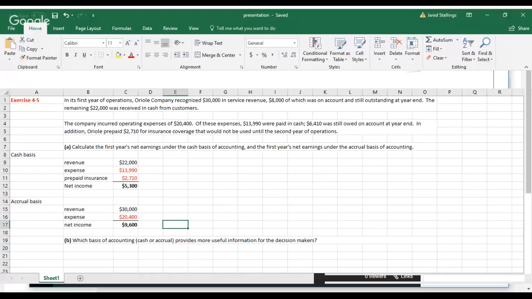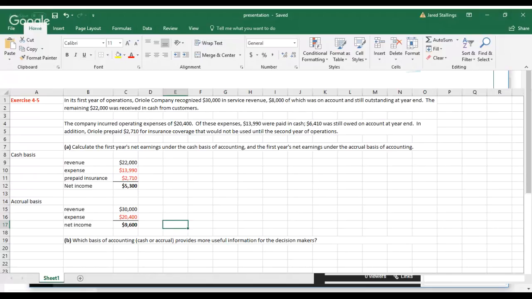Like say electricity, you think of your home, if you used electricity for the month, even if you didn't pay it till the next month in cash, you need to still count that it's used up and it's something that you're going to end up paying. So it's a known expense. So down here in accrual basis, we would put the entire amount of $20,400.